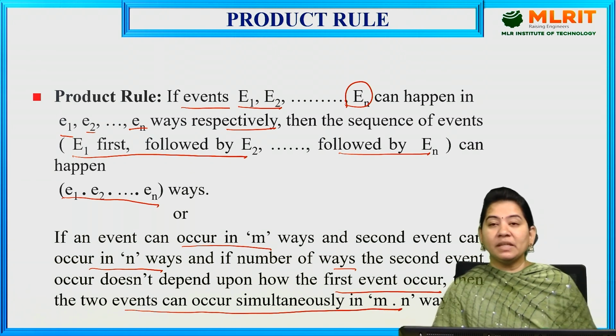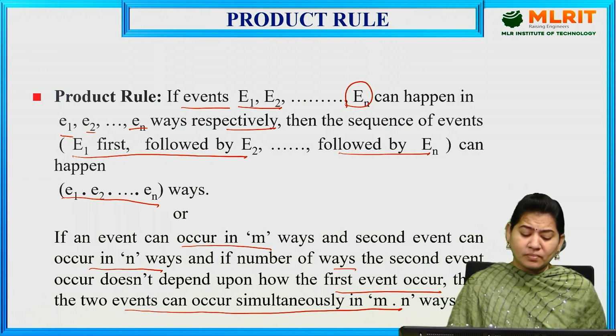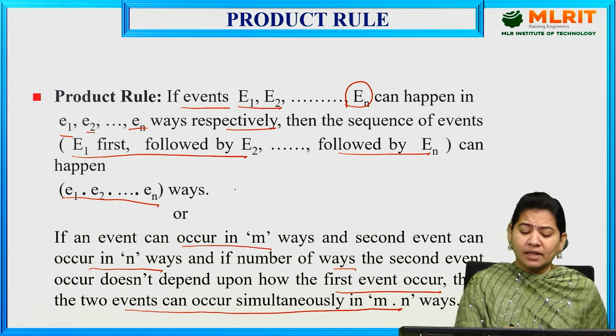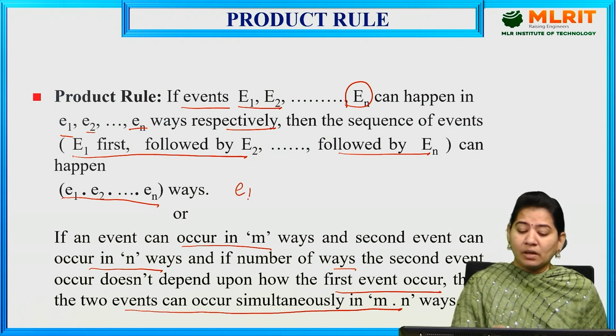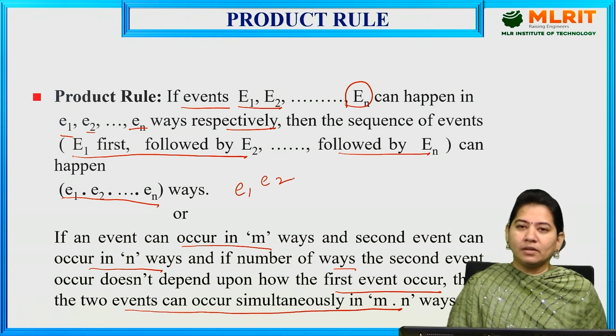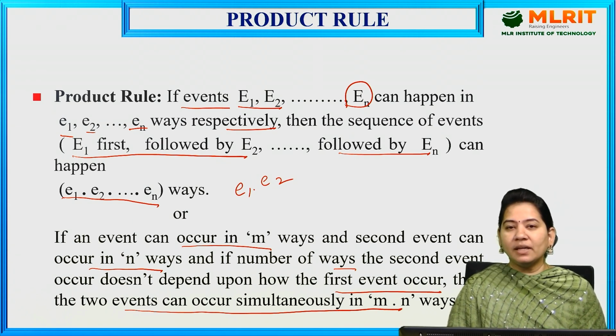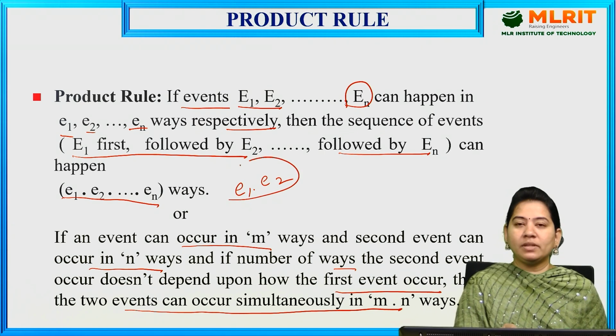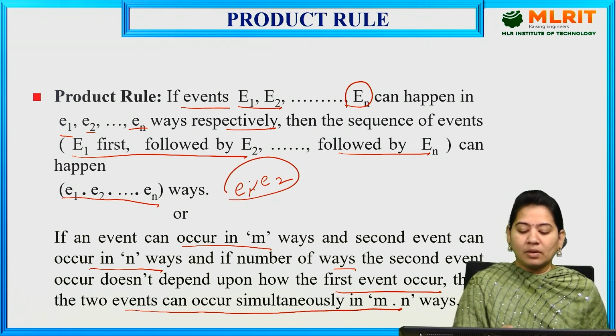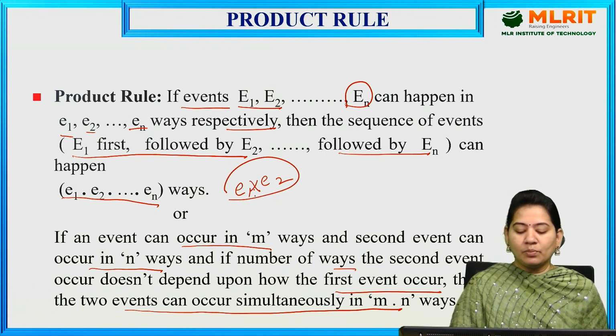What we are saying here is that event 1 is occurring and event 2 is also occurring, and both events should occur simultaneously, meaning it is mandatory that both events happen.